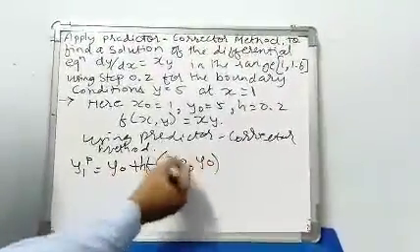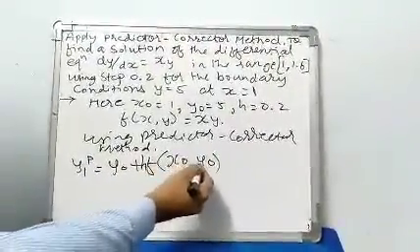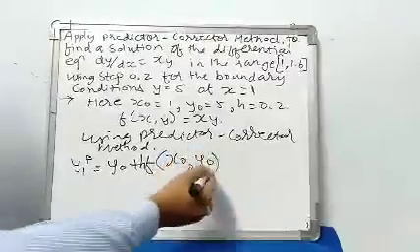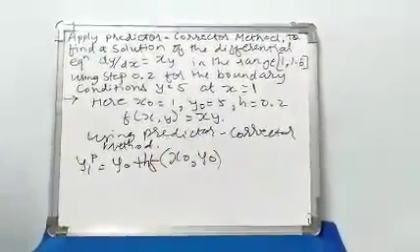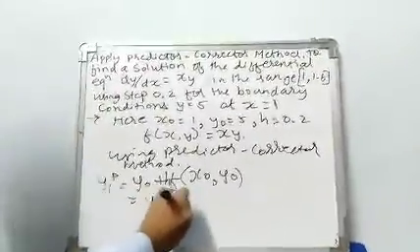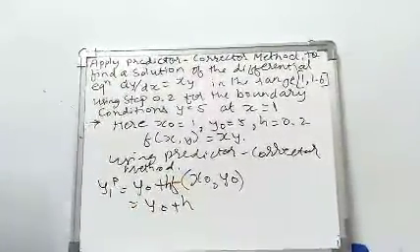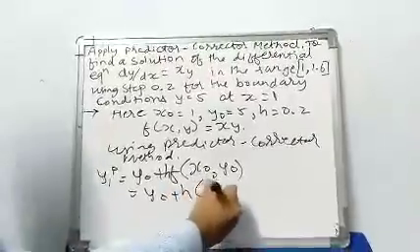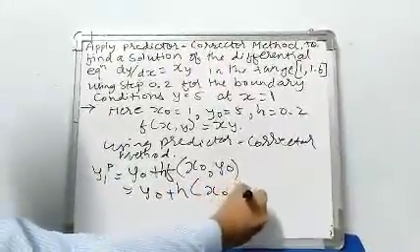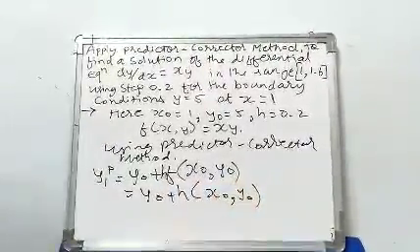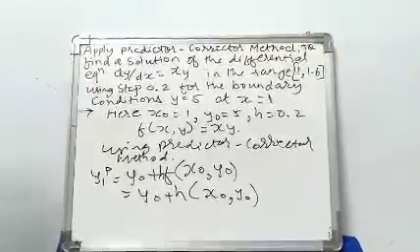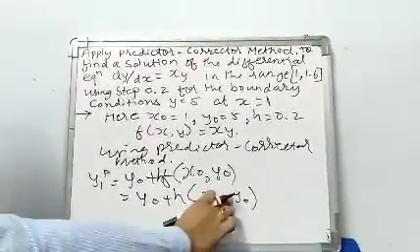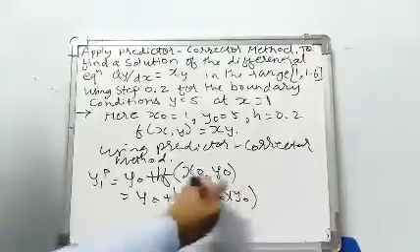We already said that f of x0 comma y0 is equal to xy, so we can write it as y0 plus h into x0 into y0.